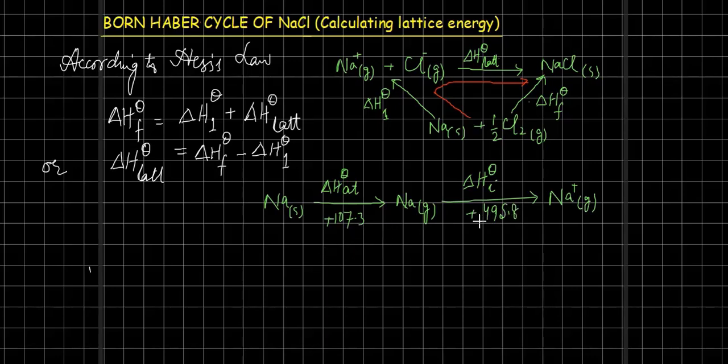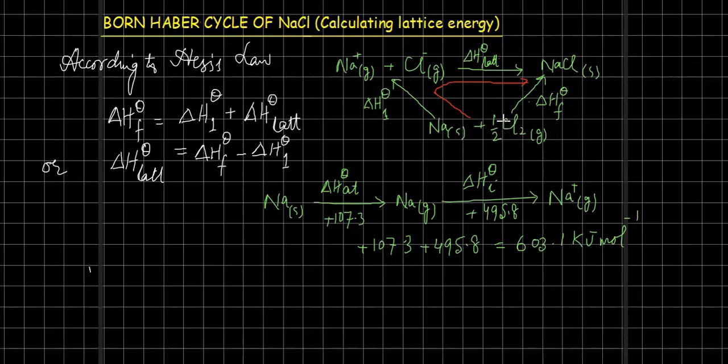So the total energy change from sodium in its natural state to sodium ion in gaseous state will be plus 107.3 plus 495.8, so it becomes 603.1 kilojoule per mole, right?